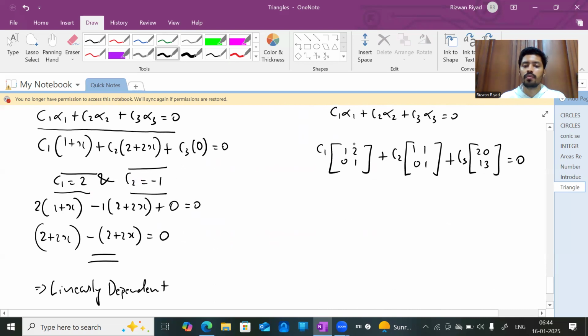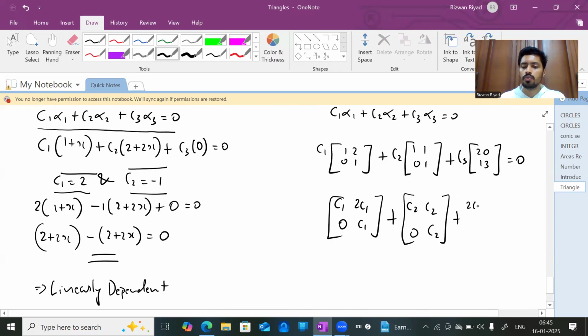If you take C1, C2 and C3 inside, this becomes C1, 2C1, 0, C1, plus C2, C2, 0, C2, plus 2C3, 0, C3, 3C3, equal to 0.